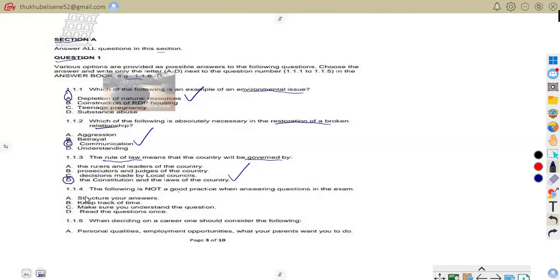That is that. 1.1.4, which of the following is not a good practice when answering questions in the exam? You're given: structure your answers, keep track of time, make sure you understand the question, read the question once. D is the correct one.